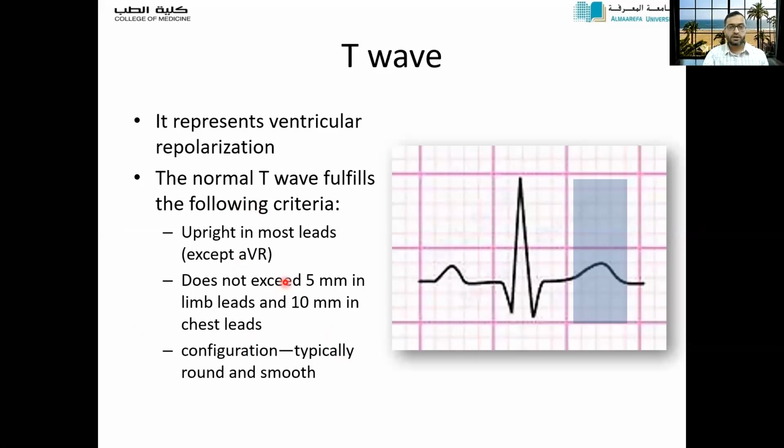Now coming to the T wave, the last wave, that is the ventricular repolarization wave. Normally this is upright, and it does not exceed 5 millimeters in the limb leads, and usually does not exceed 10 millimeters in the chest leads. The configuration is typically round, not spike-like like the QRS complex.